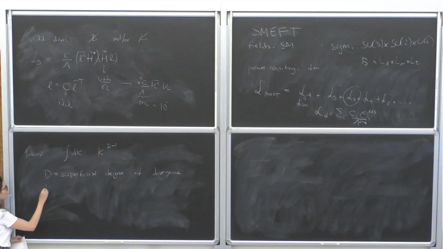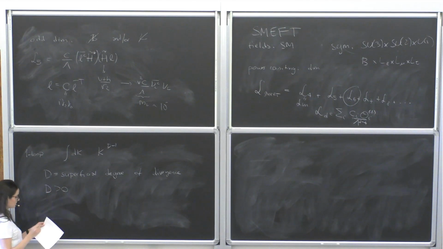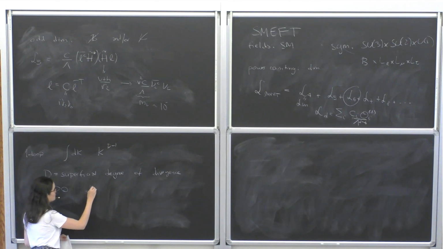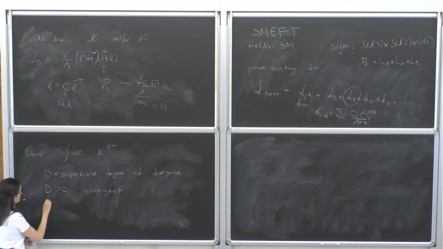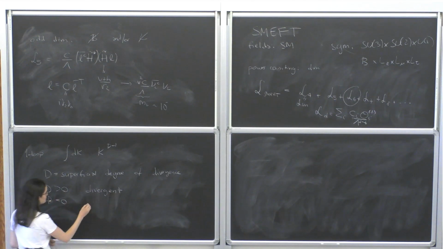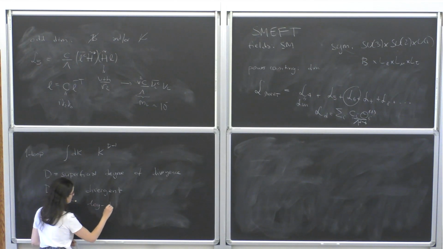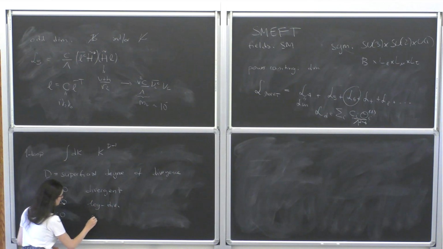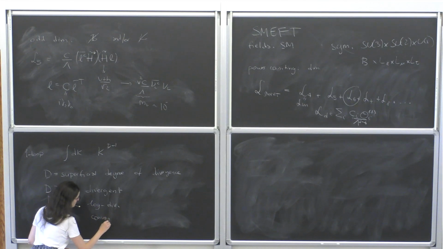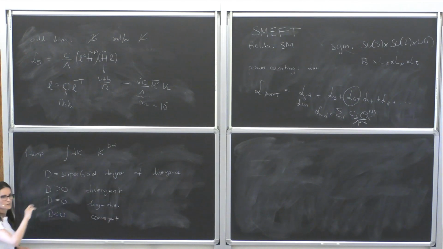If your d is larger than 0, then this is really divergent. If your d is exactly equal to 0, this is logarithmically divergent. And if it's smaller than 0, then it is convergent, just by complex analysis considerations.